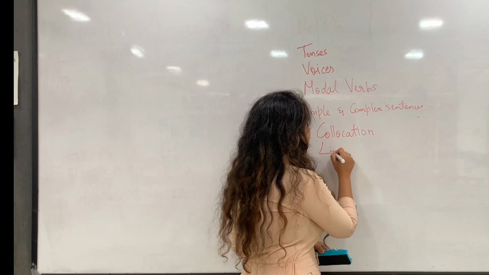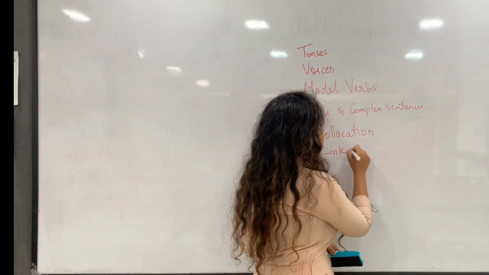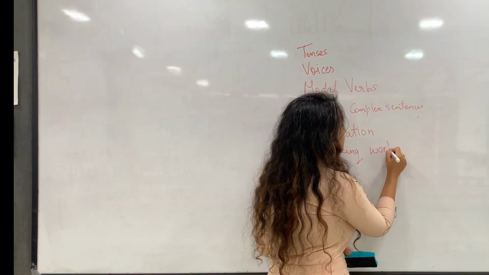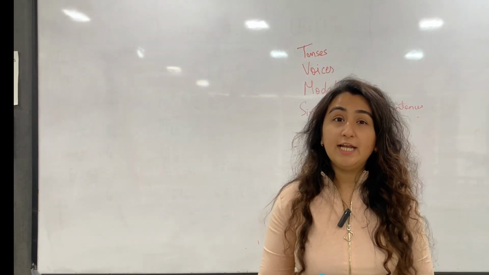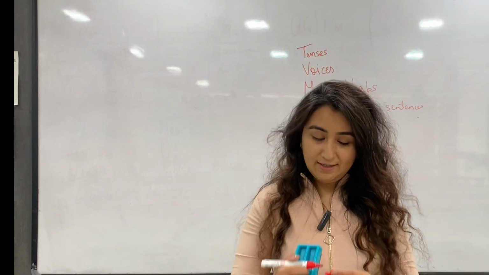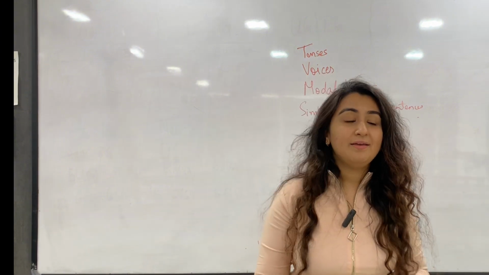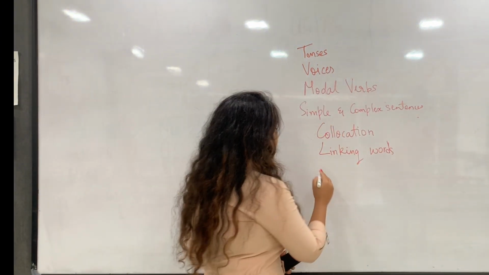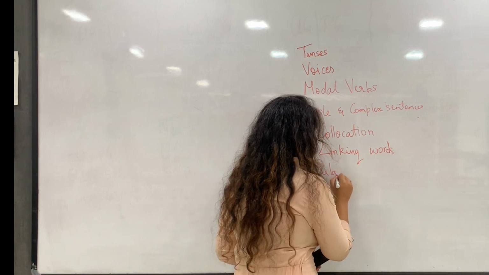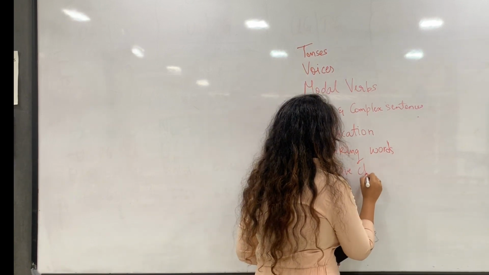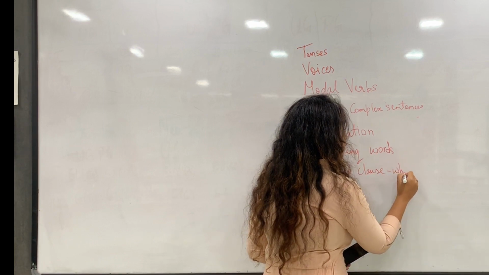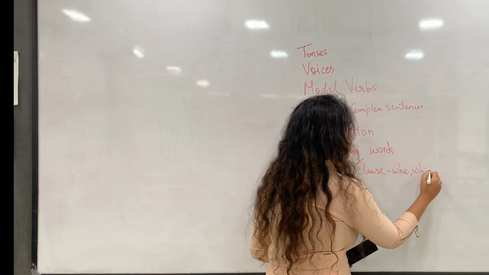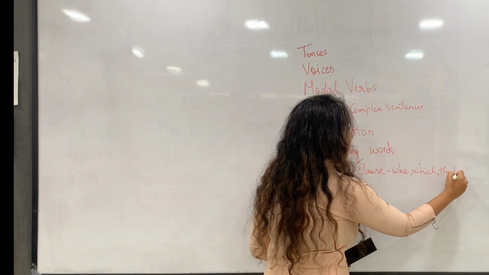Another vocabulary that would be needed for your writing and speaking is linking words, or you can also call them linking devices: however, moreover, in addition to add on, etc. Relative clause. क्या होता है relative clause? Who, which, that.